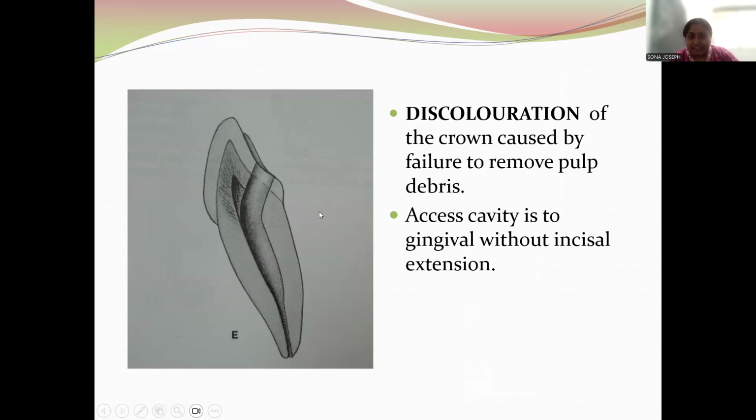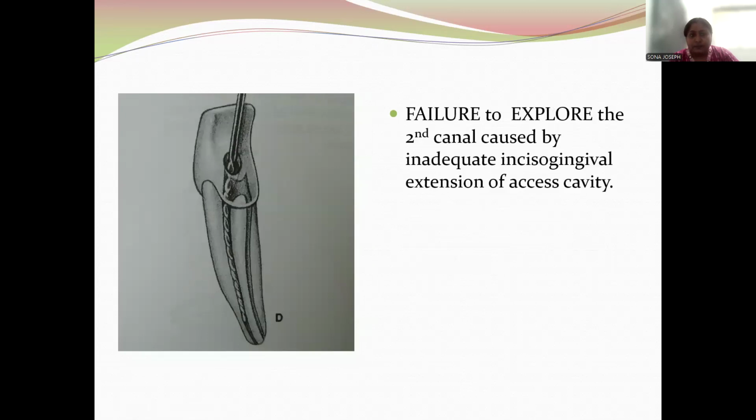So the access cavity has to be conservative, but not so small as to cause errors. A small access cavity can also cause missed canals. In this case, you can see that by making a very small opening, we get the labial canal, but the lingual canal is missed. This can happen in the posteriors also, so make adequate extension.